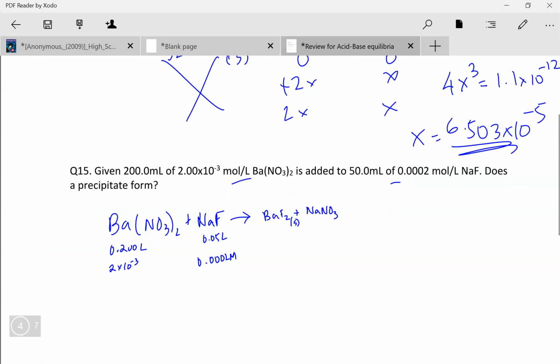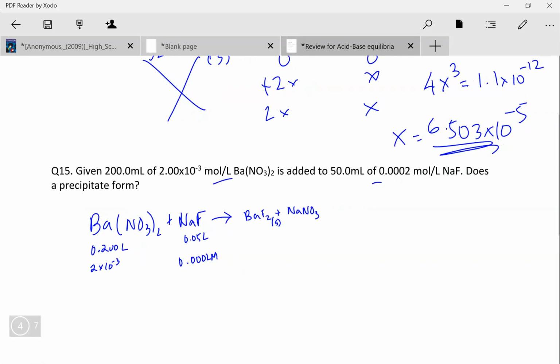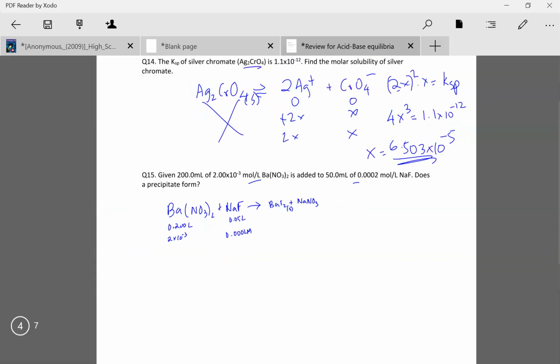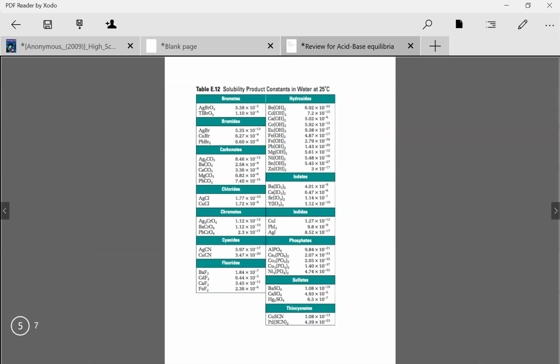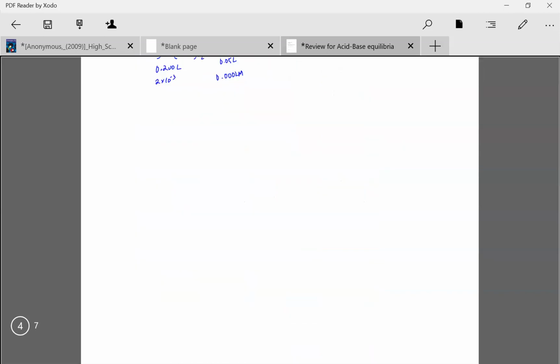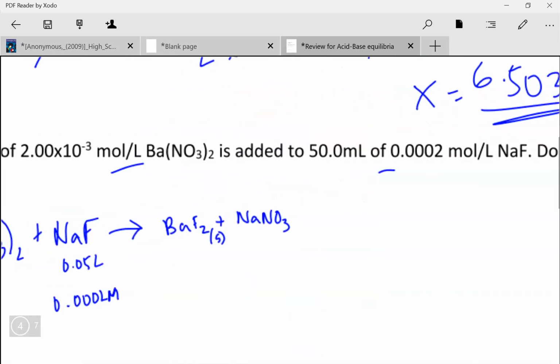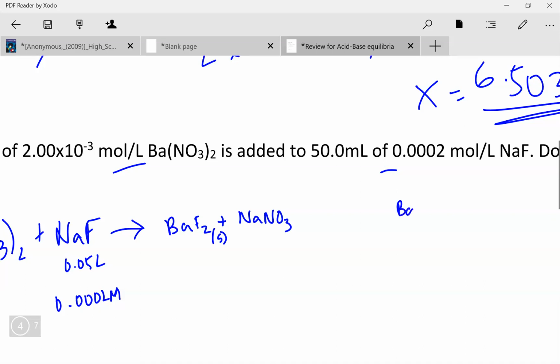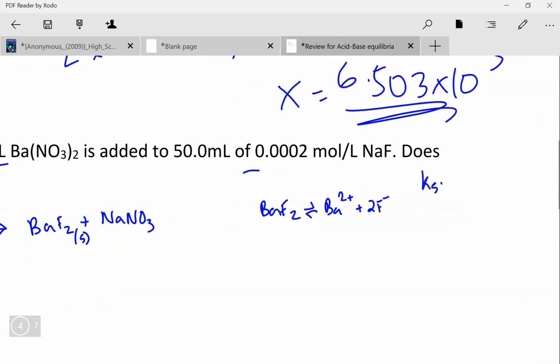And if you look at the KSP chart, it's on the next page. Barium fluoride is listed. Let's look at the KSP. Barium fluoride 1.84 times 10 to the negative 7 right there. So I'm just going to write my dissociation expression. And I forgot my KSP. I think it was 1.84 times 10 to the negative 7.